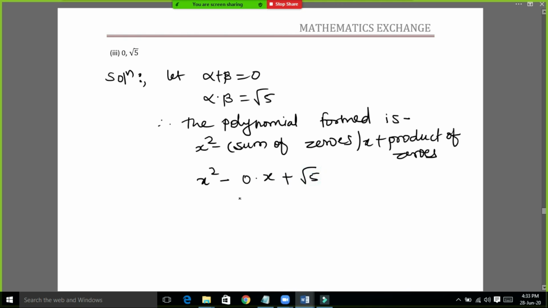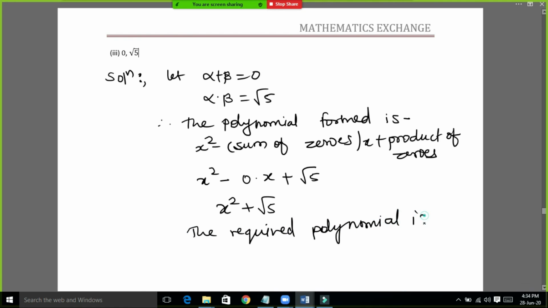Now the middle term is 0 here, so x square plus root 5. Now look at this example. In this case we get a real number here, so there is no need to take a constant k. So we can directly write down the required polynomial as x square plus root 5. So this is your final answer.